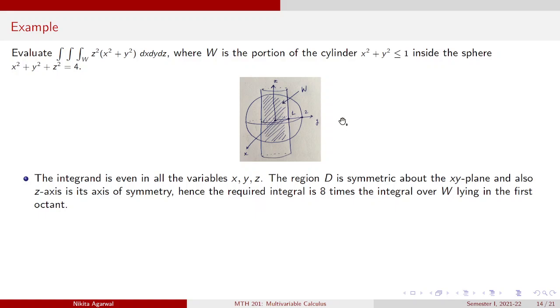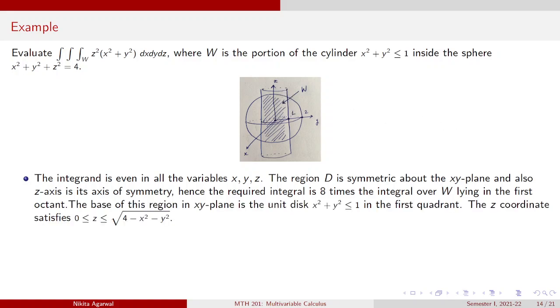Hence, you can think of integrating this function only over this shaded region in the first octant. There are 8 octants of R3. So just focus on the first octant where all x, y, z are positive. You integrate the function over that and you multiply the integral 8 times.